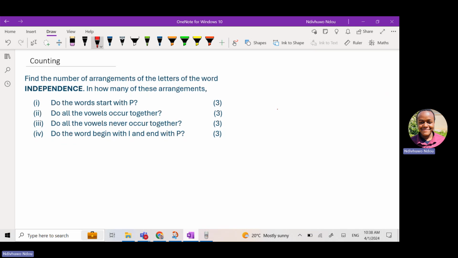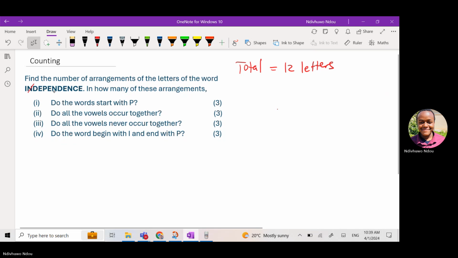In the word independence, there are 1, 2, 3, 4, 5, 6, 7, 8, 9, 10, 11, 12 letters. We have a total of 12 letters. From those letters, we have N, which is repeating 3 times.